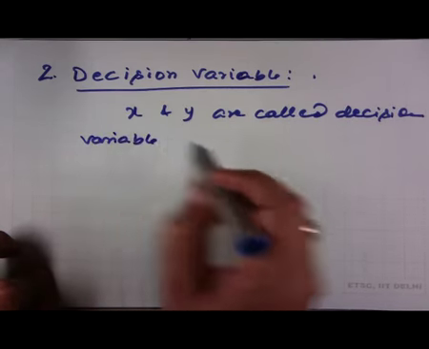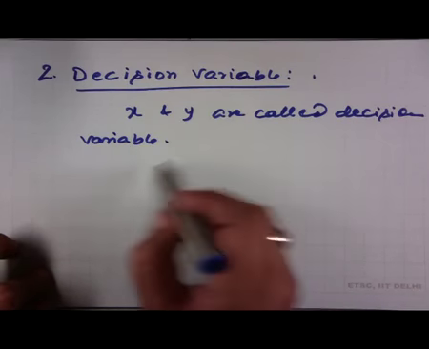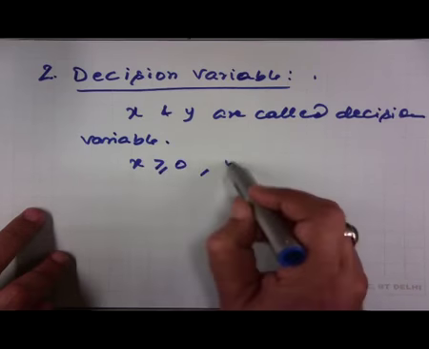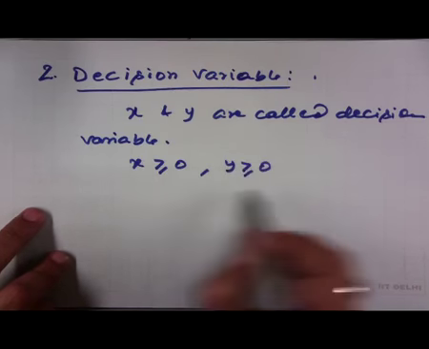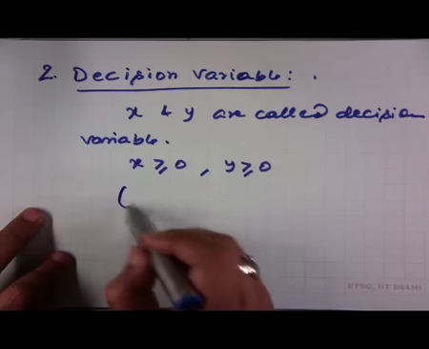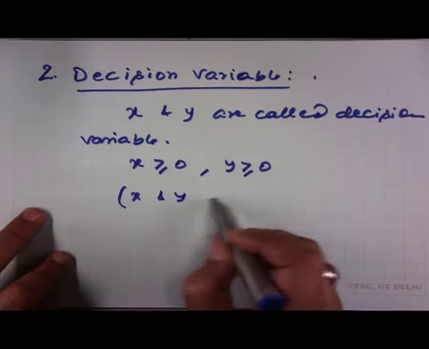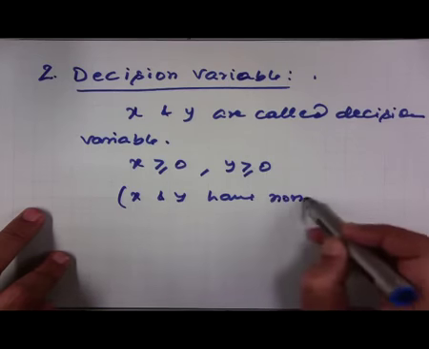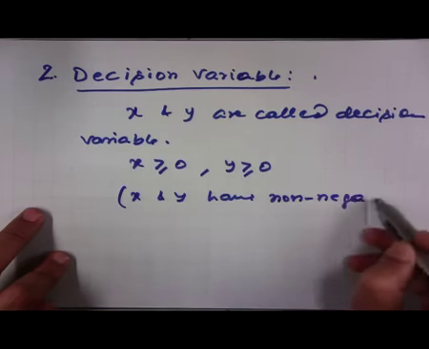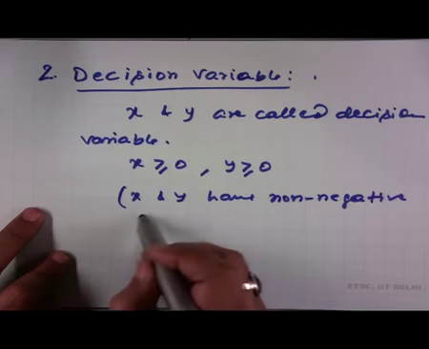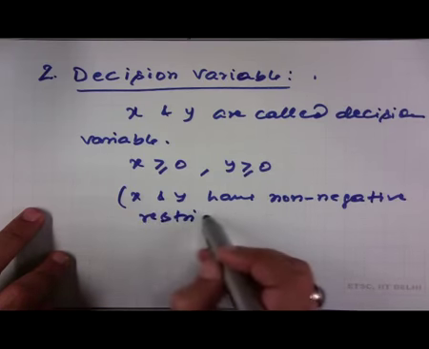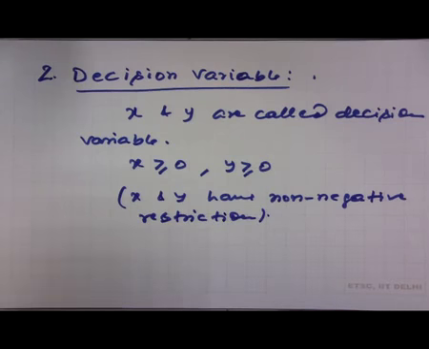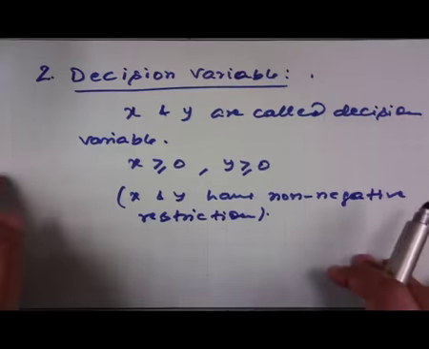X is always greater than or equal to 0 and y is always greater than or equal to 0, meaning x and y have non-negative restriction. Means x and y are never negative.